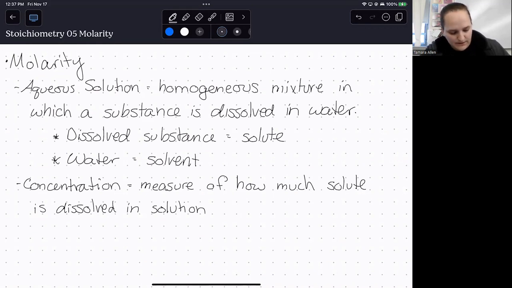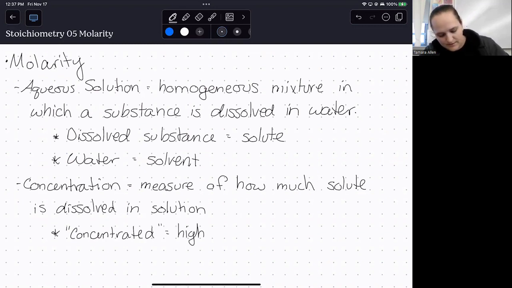And very generally speaking, we can refer to a solution as concentrated to mean that it has a high concentration of stuff dissolved in it. So lots of dissolved solute.